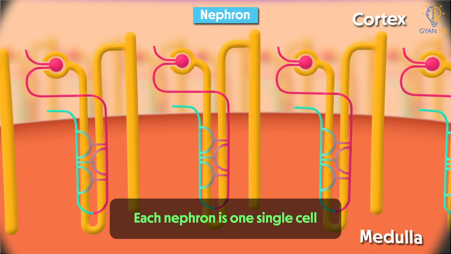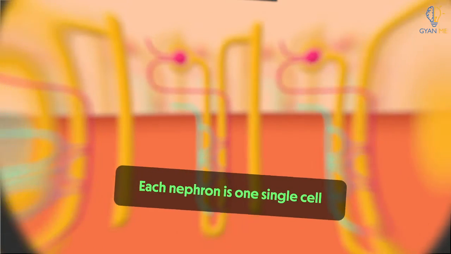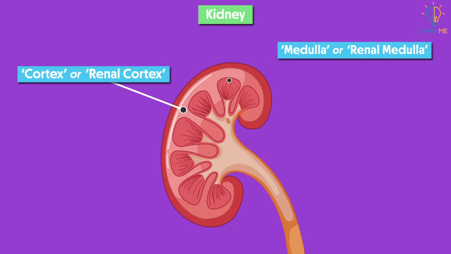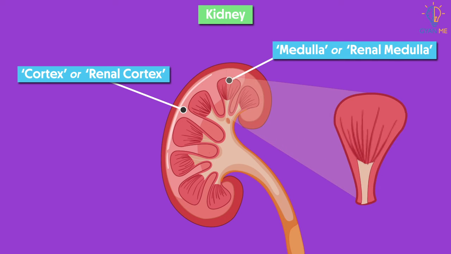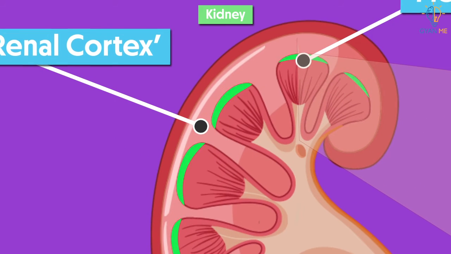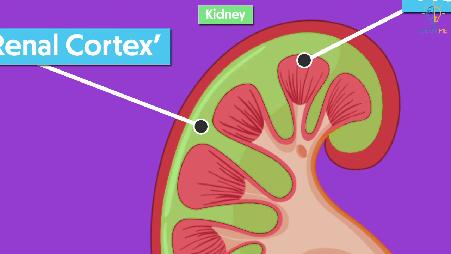Now, students, as we said, the kidney consists of two different regions, the outer renal cortex and the inner renal medulla. The medulla consists of multitubular conical masses called medullary pyramids or renal pyramids, whose bases are adjacent to the cortex.